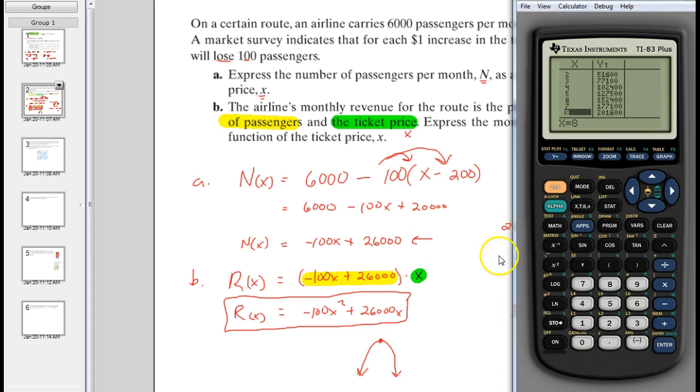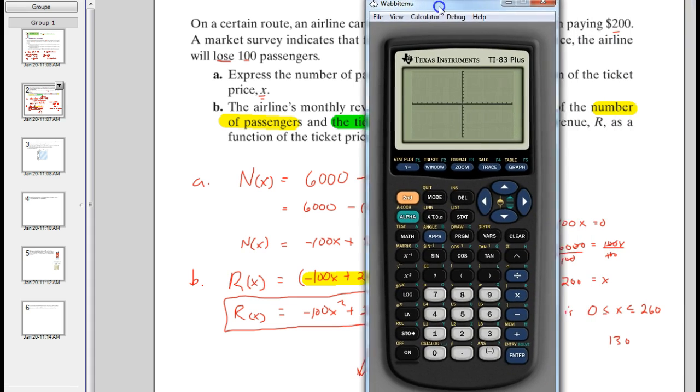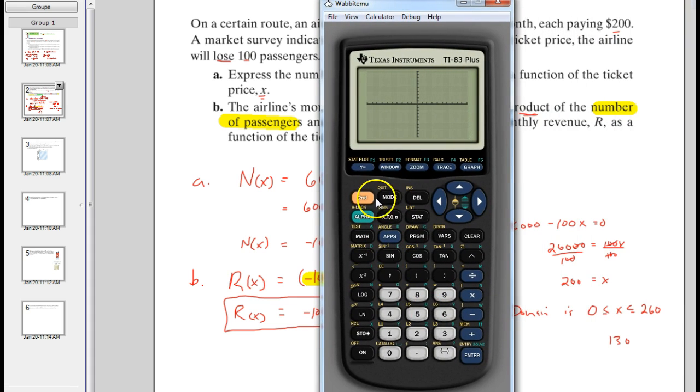So if you go back to your graph, again we can't see anything, but if you extend your window initially, make your x minimum 0 because of the domain, make your x maximum 260. Alright, and let's go up in 130s so we can see where that 130 number is.